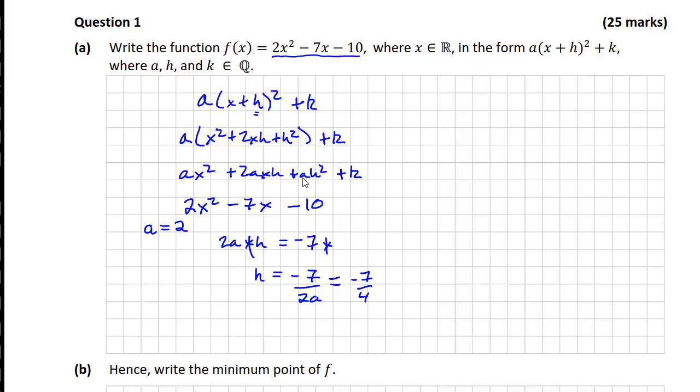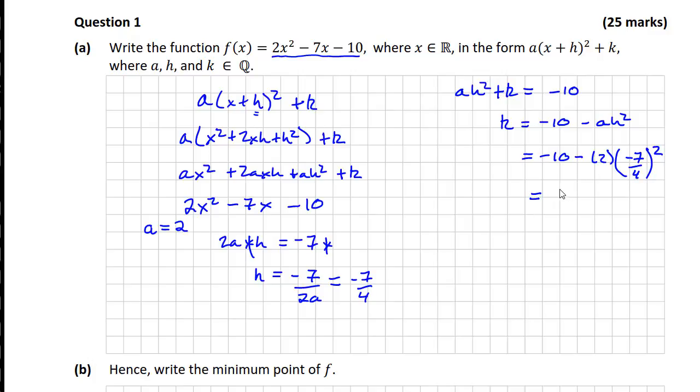So then we are left with ah squared plus k. So we have ah squared plus k is equal to negative 10. We want to find the value of k. So k is equal to negative 10 minus ah squared. So we have minus 10 minus a, which we know is 2, times h, which is minus 7 over 4, squared.